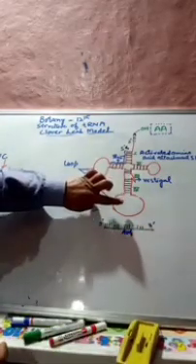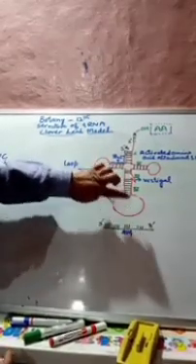For example, if this is AUG, this anticodon decides the type of amino acid which will attach at the 3' end.